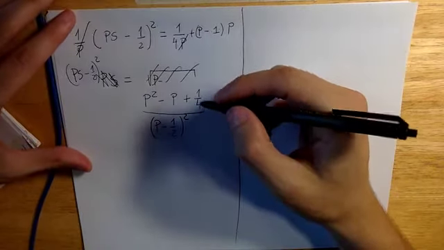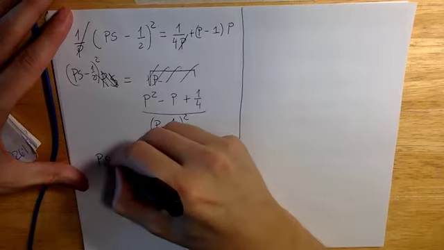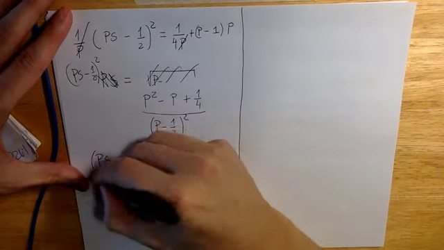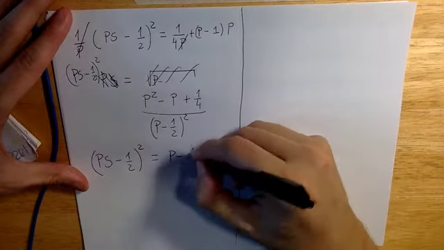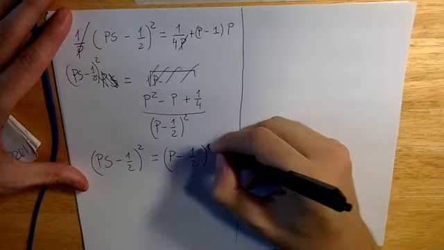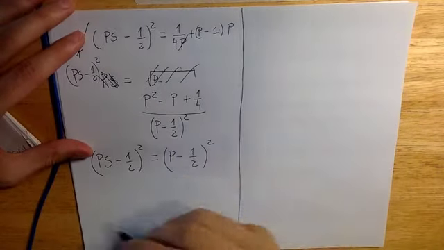And so then what we get is that (ps minus 1/2) squared is equal to (p minus 1/2) squared. So then here we have the positive and the negative.